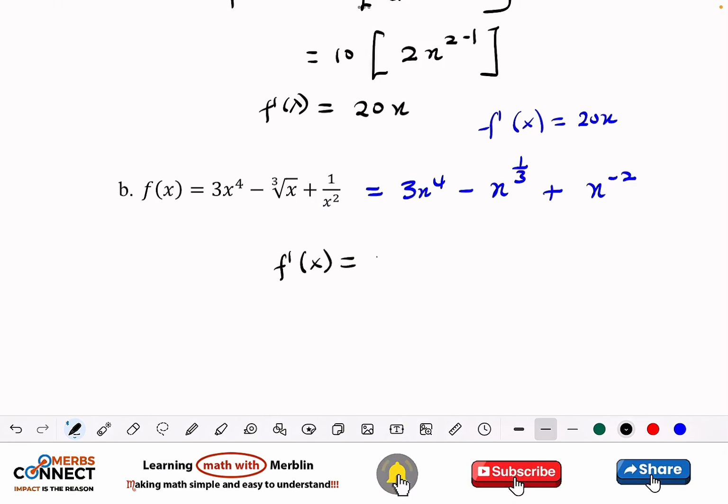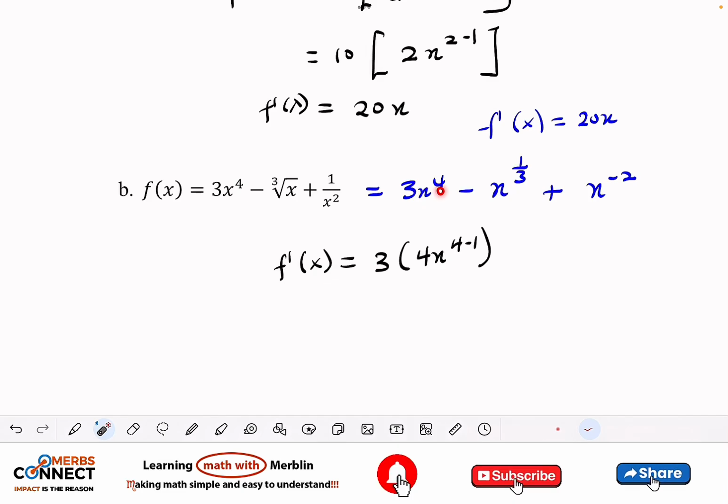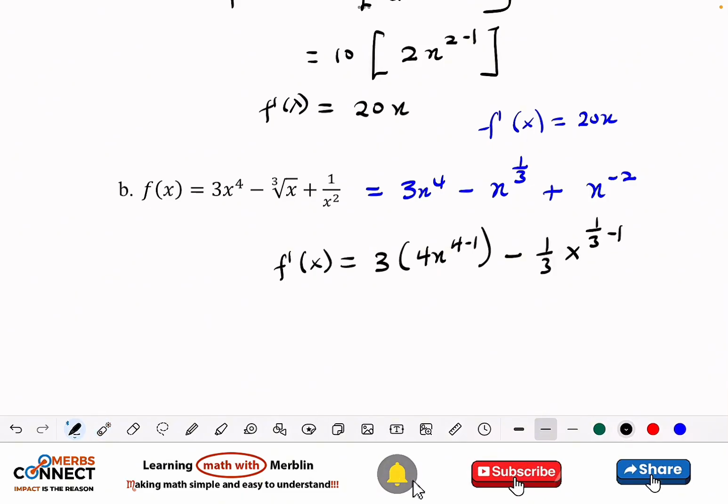Let me just write it small since we are now learning. So 4x to the power 4 minus 1. I maintain my 3, I drop my 4, x to the power 4 minus 1. Now minus, drop the 1 over 3, and then x to the power 1 over 3 minus 1.